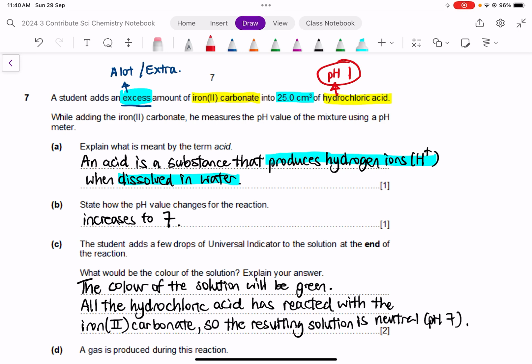Iron 2 chloride should be neutral. So if you add universal indicator in part C, the color of the solution will be green. The reason is because all the acid has reacted away, leaving behind a resulting solution, which is neutral. Okay, so this concludes 7A, B, and C.